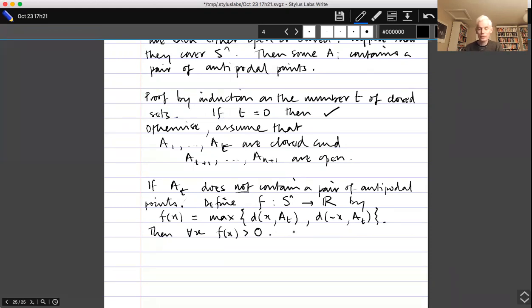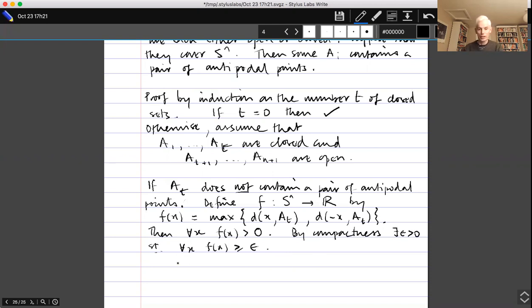So then by compactness again, there exists an epsilon greater than 0, such that for all x, f of x is greater than or equal to epsilon.